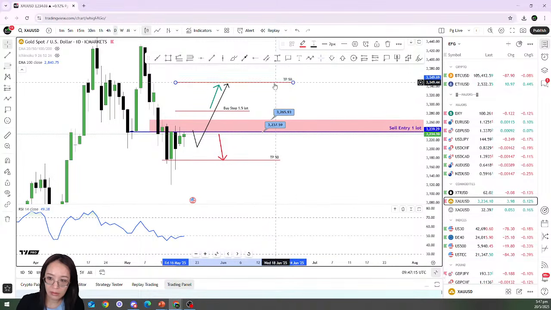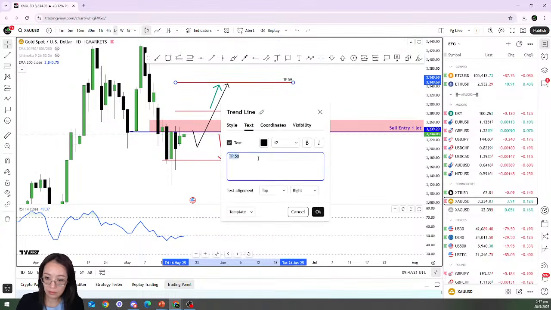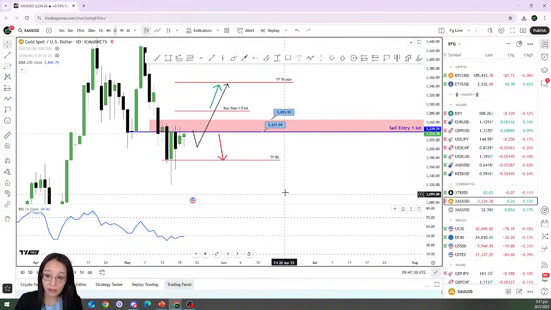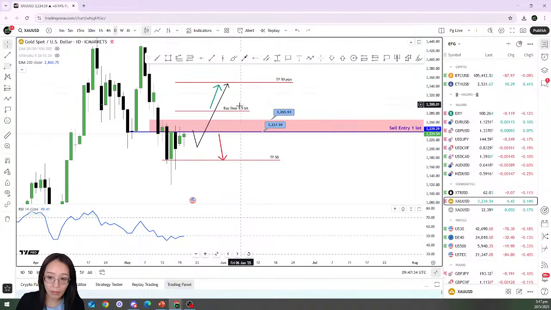Sorry, let's just say TP at 50 pip. How much would I have earned from this trade?